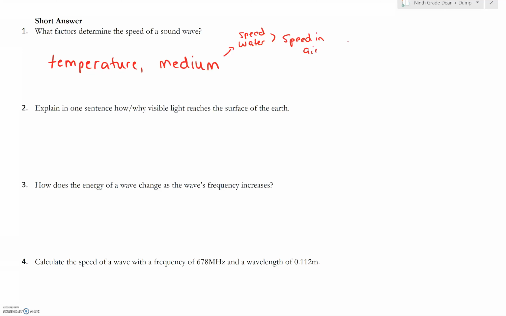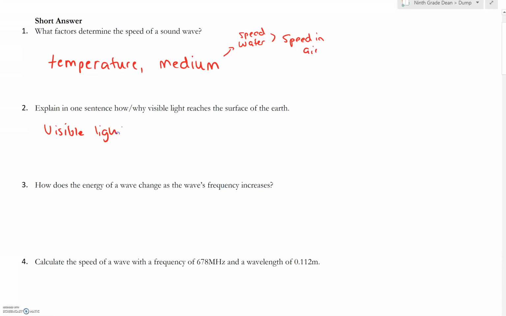Okay, so explain in one sentence how or why visible light reaches the surface of the Earth. On this one, this was a lot like that question I asked about why ultraviolet light doesn't reach the Earth. All I was looking for was something along the lines of visible light transmits through the atmosphere and is not absorbed or reflected. As long as you said it transmits through the atmosphere, I think I gave you full credit.